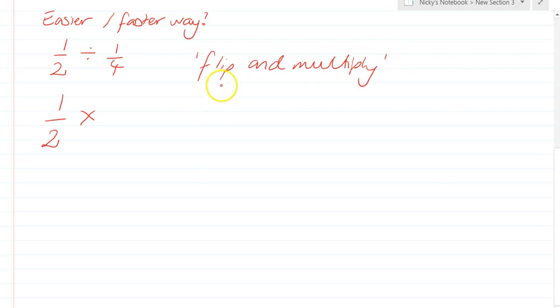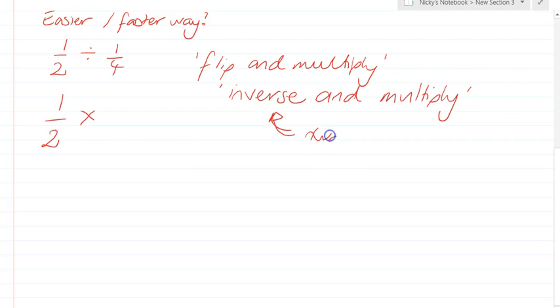Or if we were being mathematical, we would say inverse and multiply. Inverse means the same as turn around or flip. The only thing we're turning around and flipping is our second fraction.